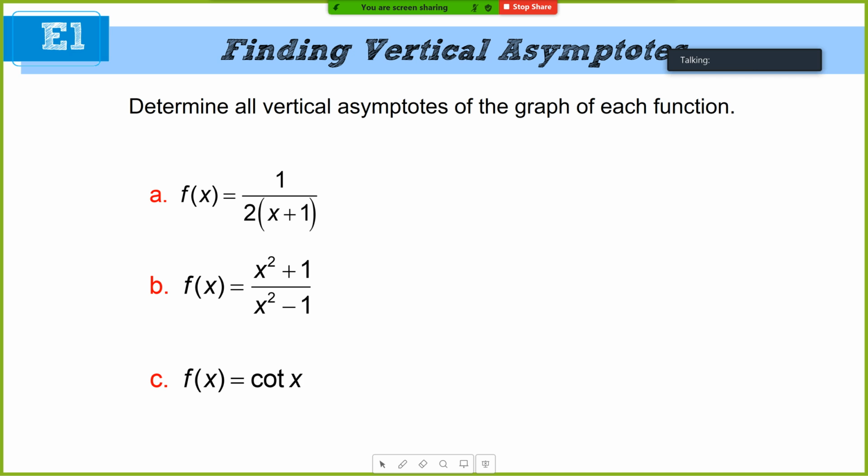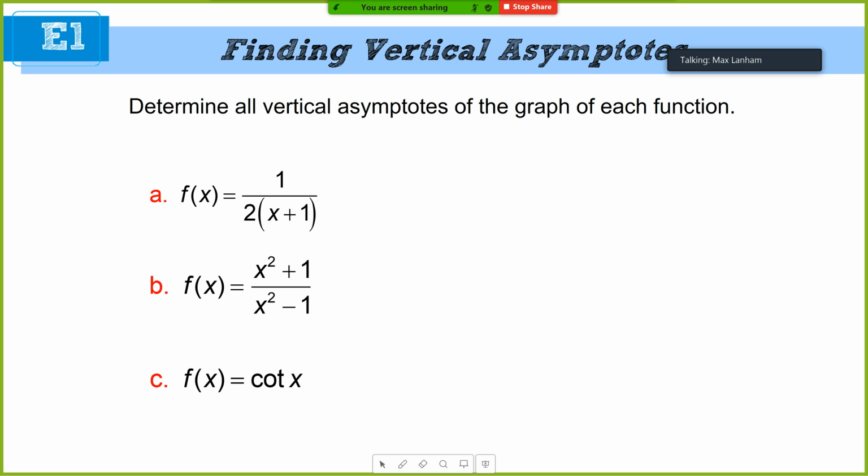Cotangent? See what you remember from trig. Guesses? If you're not sure, graph the cotangent on your calculator, in Desmos, or in whatever graphing utility you're using. Is it 0? And?